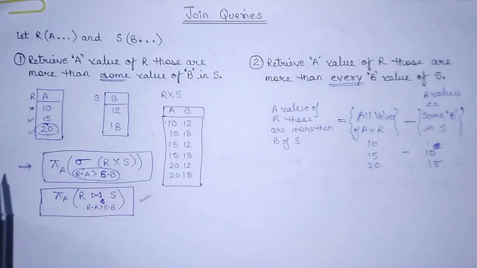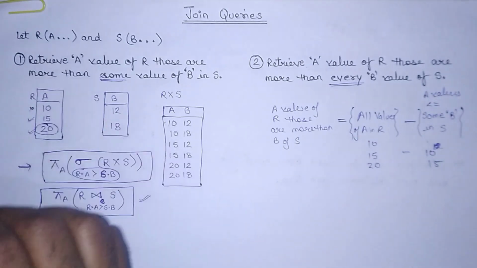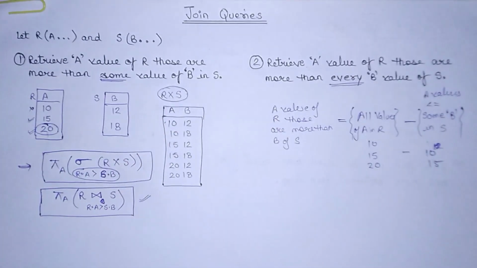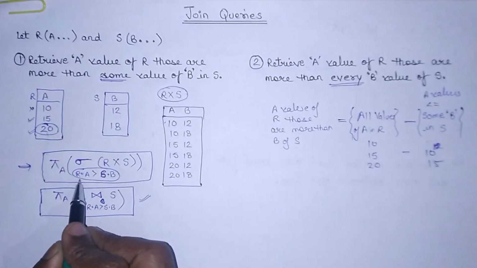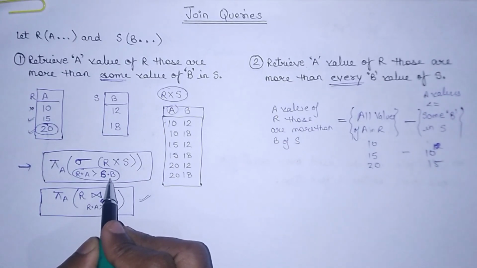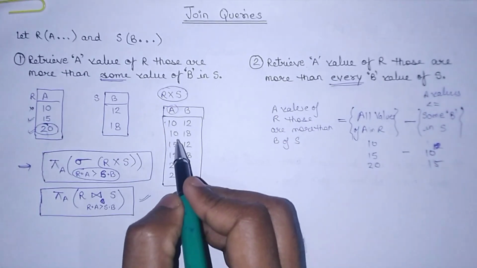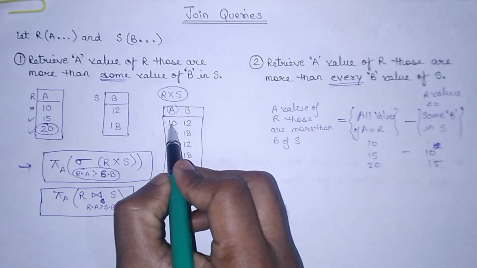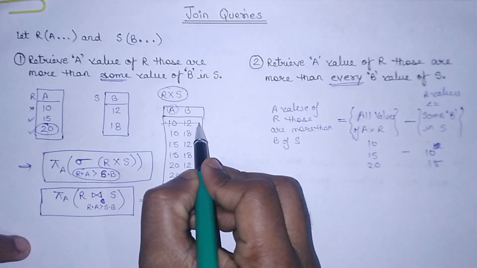If we are working on two tables like R and S, first of all we need to find the Cartesian product, or cross product. So I got these values. Now I have to select R.A whose value is greater than S.B. Here you can see that 10 does not have a greater value, so it will not be in the output.